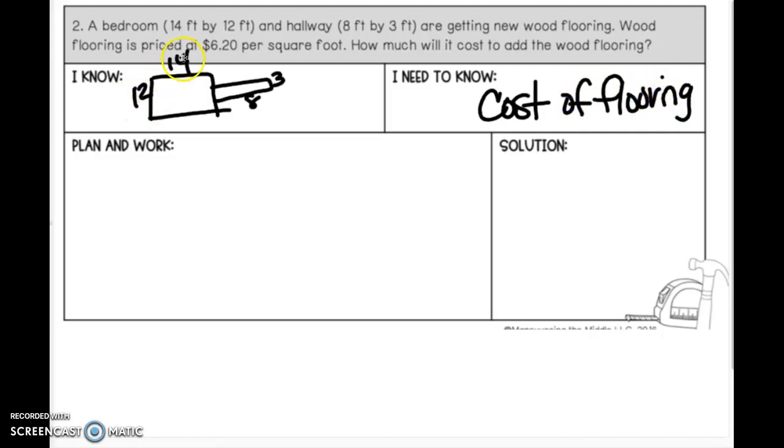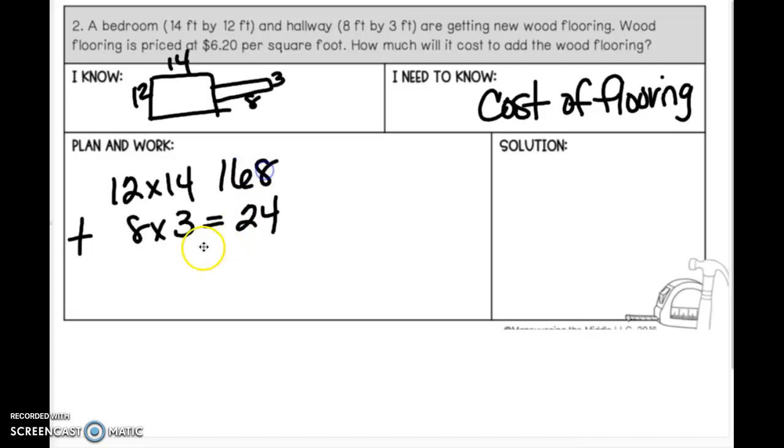All right, so we have a 12 by 14 plus an 8 by 3. This is 24, and 12 by 14 is 168. If we add those two amounts together, we have 192 square feet, and every 1 foot is $6.20, so we have to multiply this by $6.20.